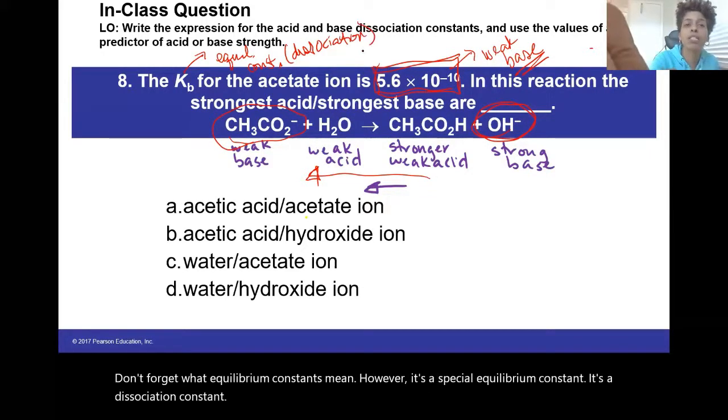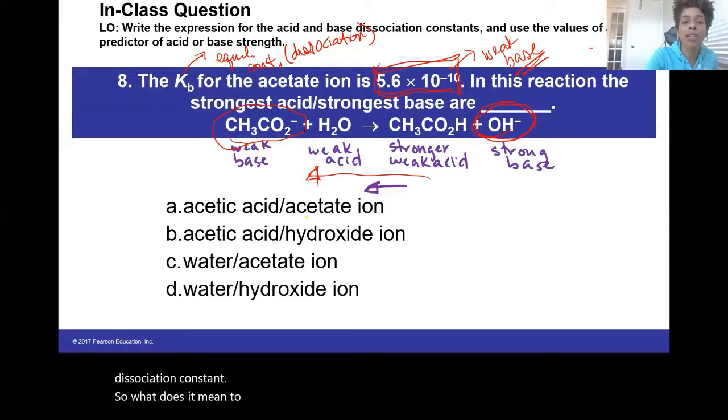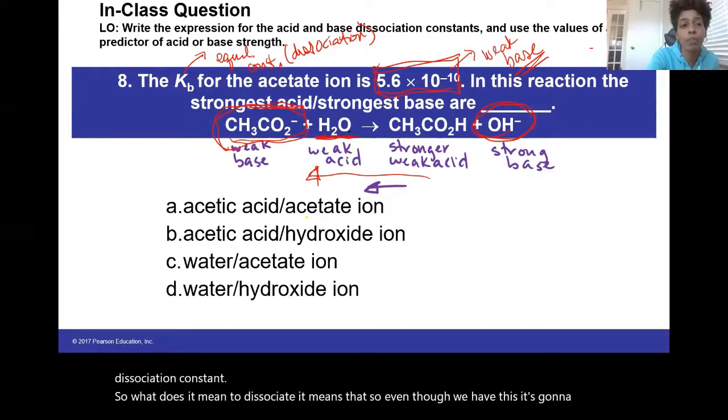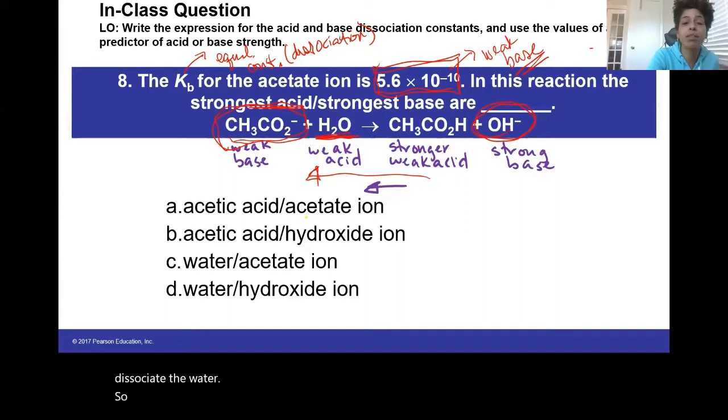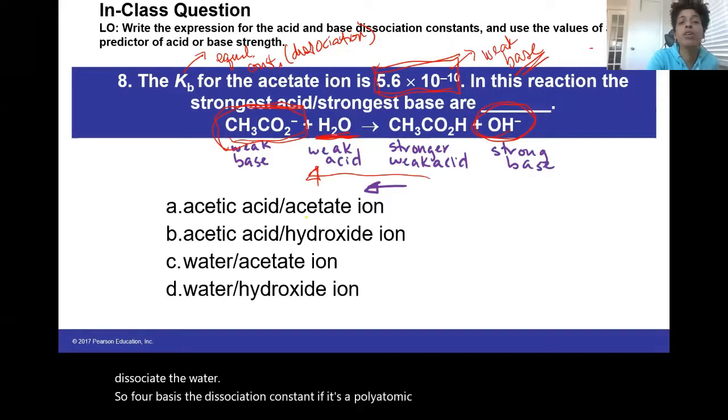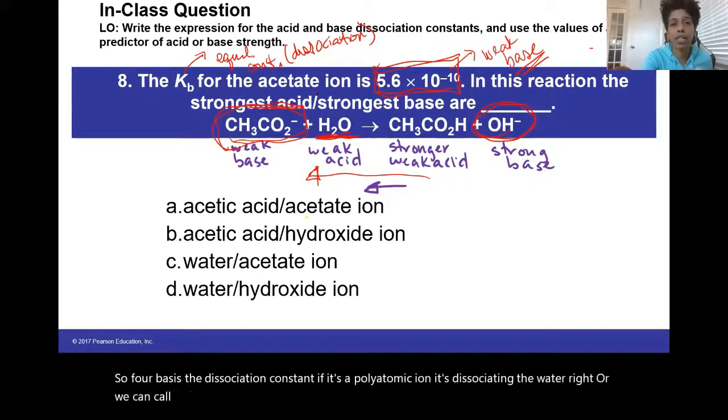So what does it mean to dissociate? Even though we have this, it's going to dissociate the water. So for bases, the dissociation constant, if it's a polyatomic ion, it's dissociating the water, right? Or we can call it an ionization constant because it's forming ions.